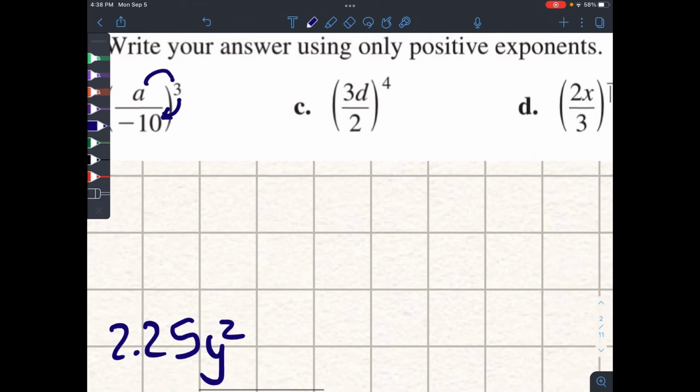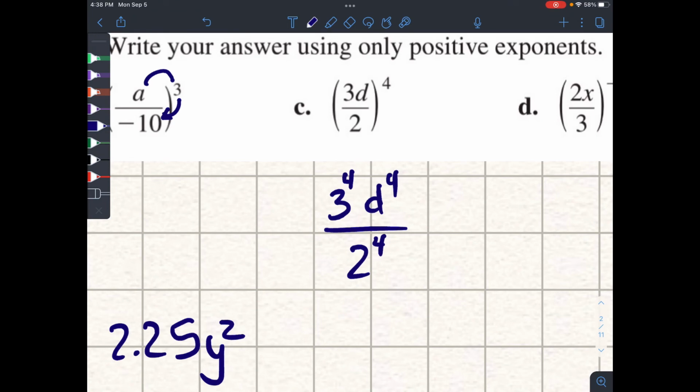So 3d to the 4th power. This is going to become 3 to the 4th, d to the 4th, and 2 to the 4th. Notice how I can just share that power with everything inside. So this becomes 3 to the 4th power.